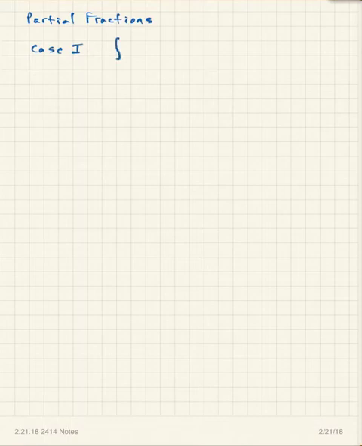Now, with partial fractions, there are 4 cases that we're going to look at. So partial fraction decompositions, case 1 is where you have an integral that's in this form, a polynomial divided by distinct linear factors.